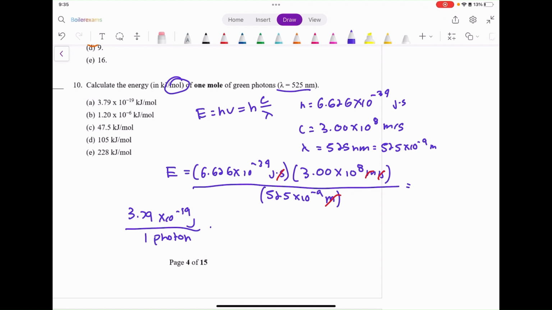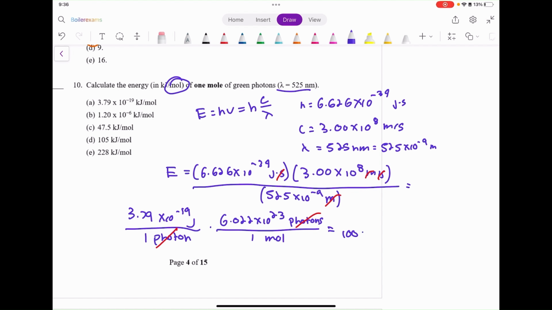So if we want to go from photons, which are particles, into moles, I know that there are an Avogadro's number of particles or photons in 1 mole. So if I set it up like this, my photons cancel, and then I'll get joules per mole, and one more, they just want kilojoules.